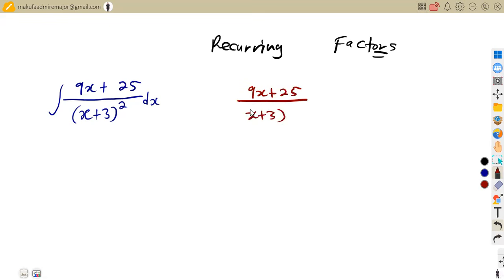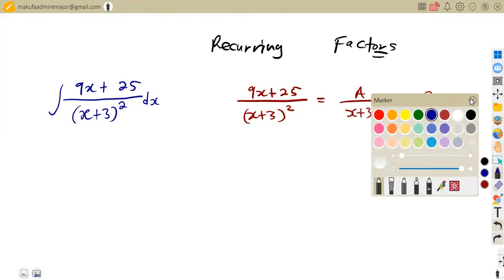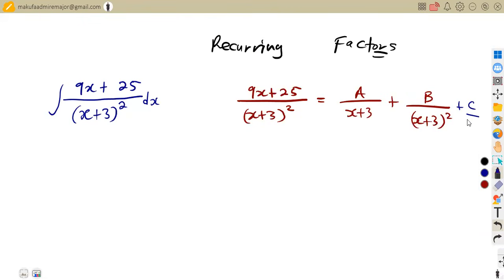This whole part, 9x plus 25 over (x plus 3) to the exponent of 2, was going to be A over the first bracket x plus 3, plus we move on to the exponent of 2, B over (x plus 3) to the exponent of 2. If this was to the exponent of 3, we were going to have another part here, plus C over (x plus 3) to the exponent of 3.